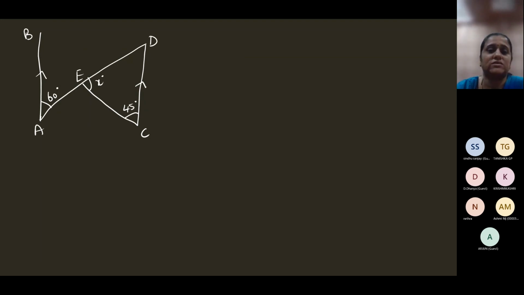The question is find x, children. Angle sum property, ma'am. Very good. So children, you should copy the figure again in the solution, and then you can just mark this angle as A. Now, AB is parallel to CD.